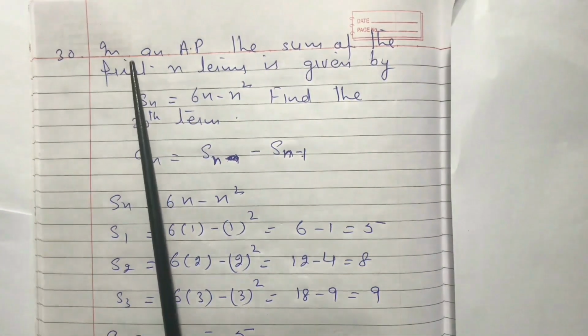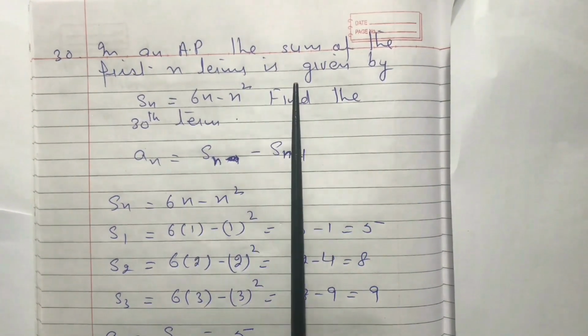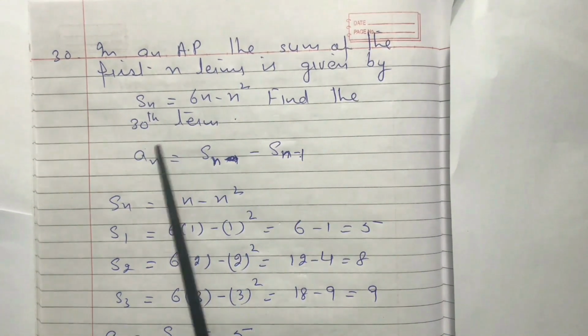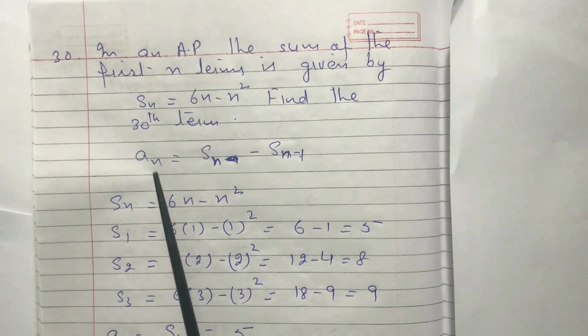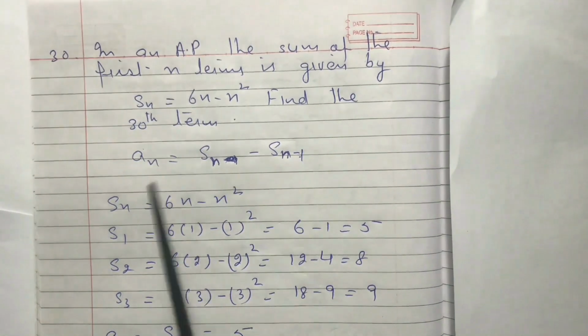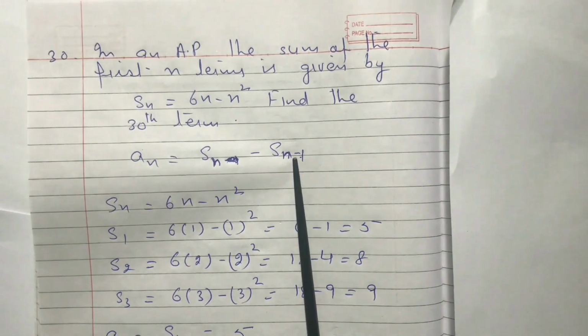Now 30th question. In an AP, the sum of first n terms is given by Sn is equal to 6n minus n square. Find the 30th term. Now an, we know that this is equal to Sn minus Sn minus 1. This is a formula. I think you all have learned about it.